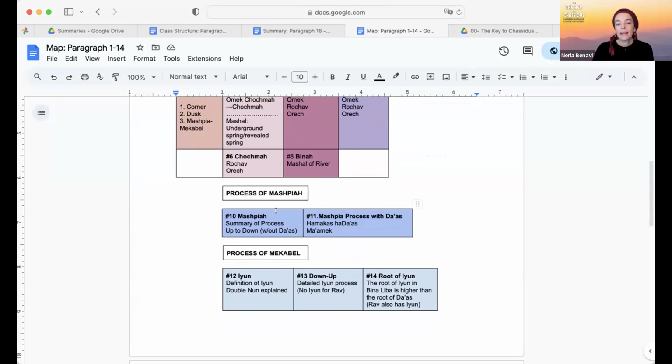It landed on telling us that the mashpia brings down a concept from beyond the intellect, brings it all the way from the koach maskil into chokhmah over to bina and down to the makabel in bina of bina. And that's where the makabel begins the journey, on the most external part of bina of bina, which we understand is called iyun. And that begins the process of the makabel working all the way back up to their koach maskil, through bina, crossing over to chokhmah, and then accessing hopefully their koach maskil.